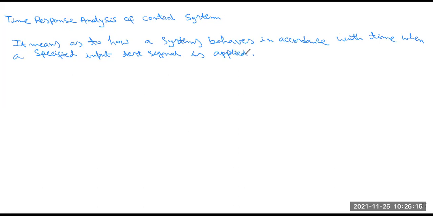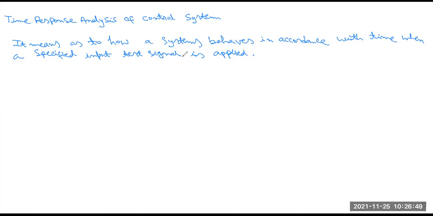This is basically the definition of time response analysis of control systems. It means how a system behaves with respect to timing when a specified input test signal is applied. This is called the time response analysis.